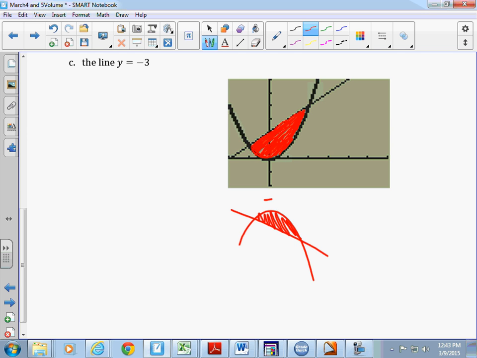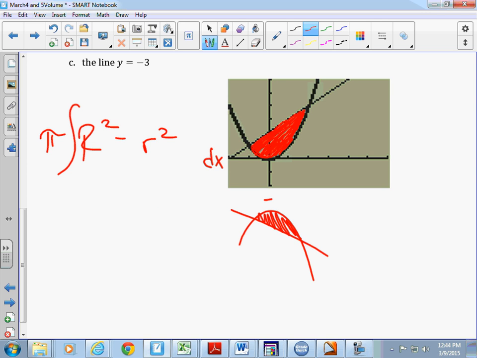How do you know that? There's a big gap between y equals -3 and the region. So as soon as I notice that, I know that I have a dx. Why is it dx? Because it's around a horizontal line, right?